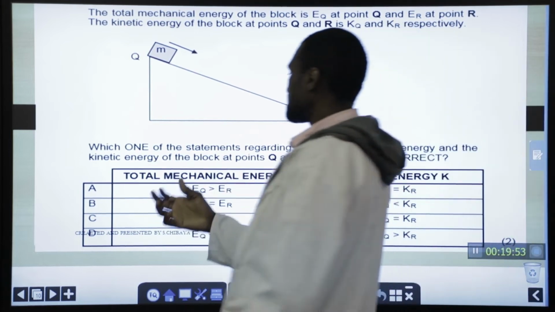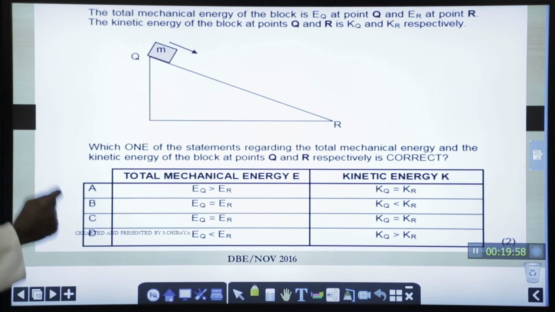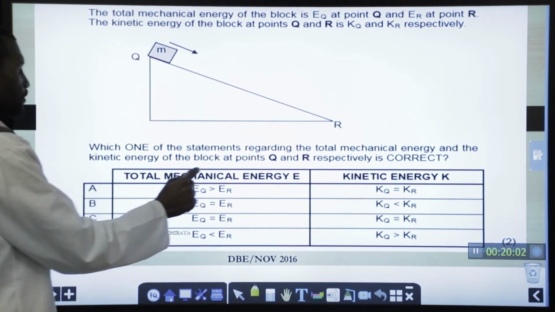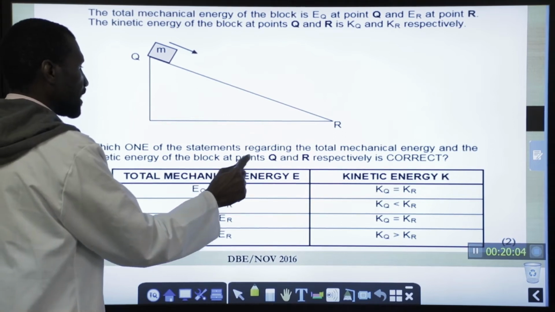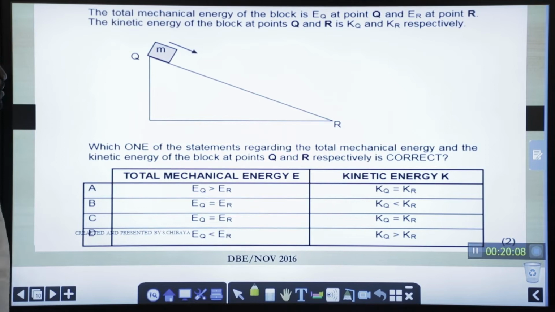The question then says, which one of the following statements regarding total mechanical energy and the kinetic energy of the block at the point Q and R respectively are correct? Let's look at this question quickly.